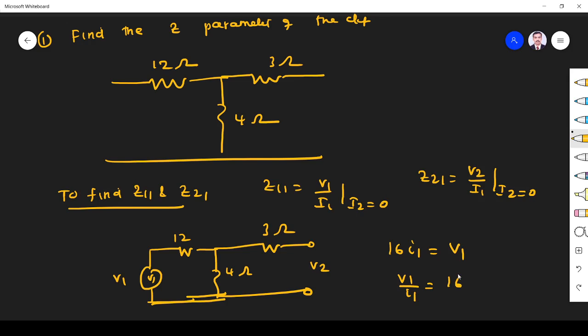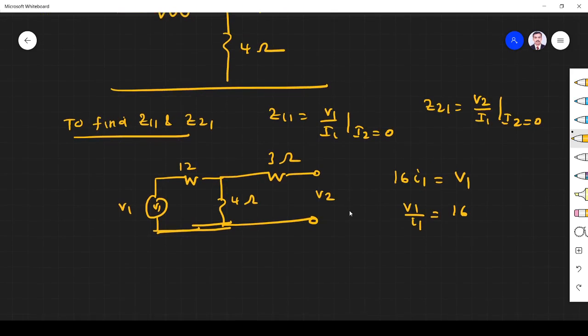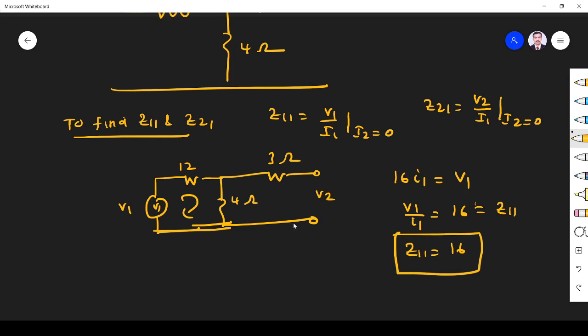First we found V1 by I1, which is nothing but Z11. So we found Z11 is equal to 16. We applied KVL in the left mesh.